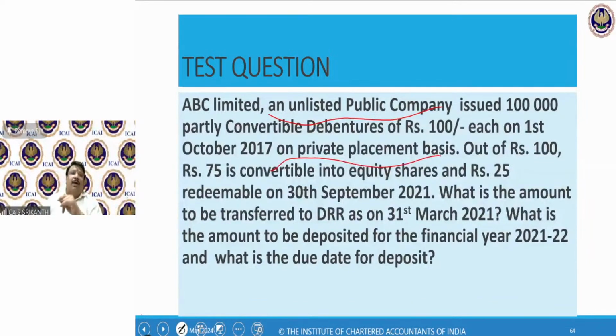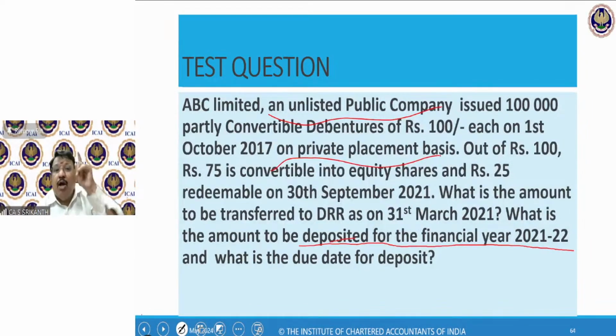Now, what is the amount to be deposited for financial year 21-22? Now I should see, on 1/4, what are all the debentures maturing on or before 31st March next following. So these 1 lakh debentures are going to be maturing on 30th September 21, which is well before 31st March 22. Therefore, on or before 30th April 2021, I have to transfer 15% of those debentures.